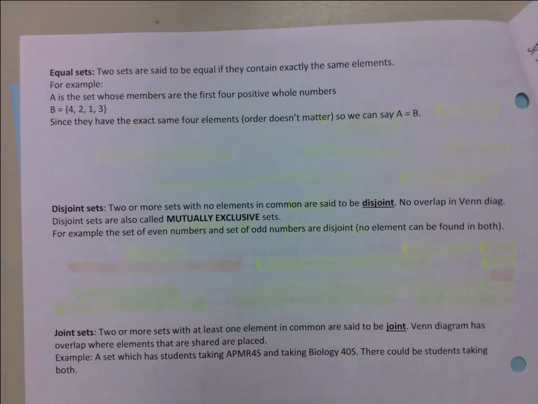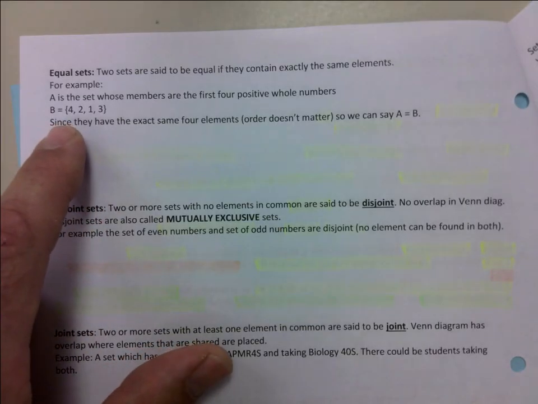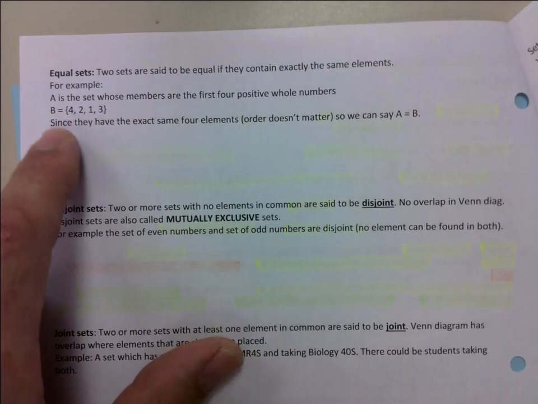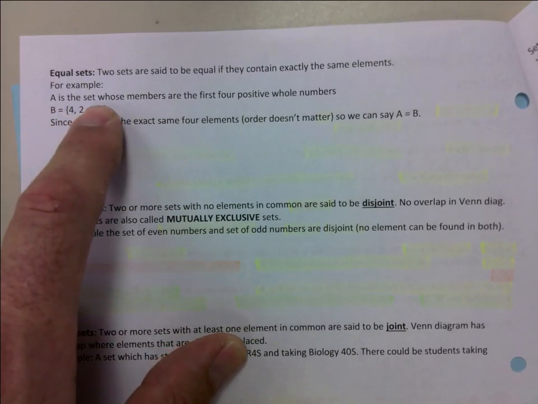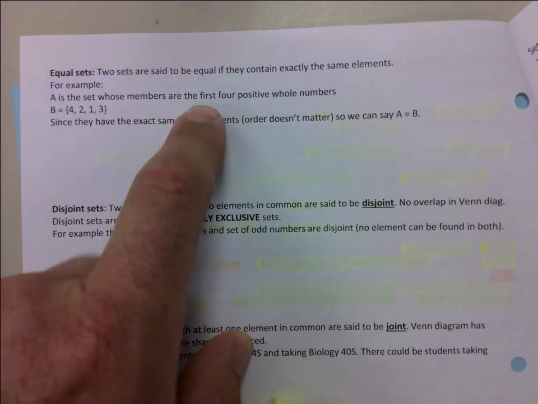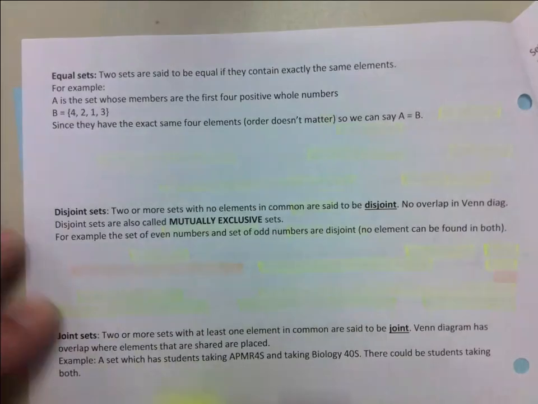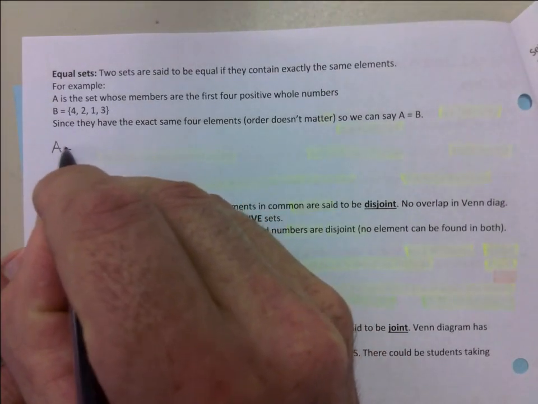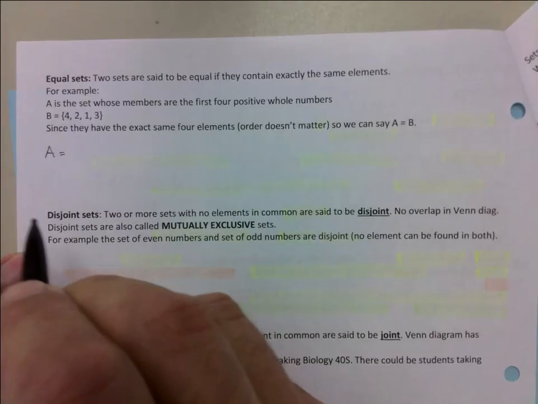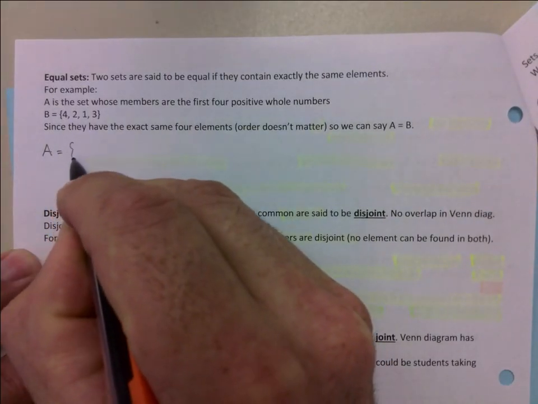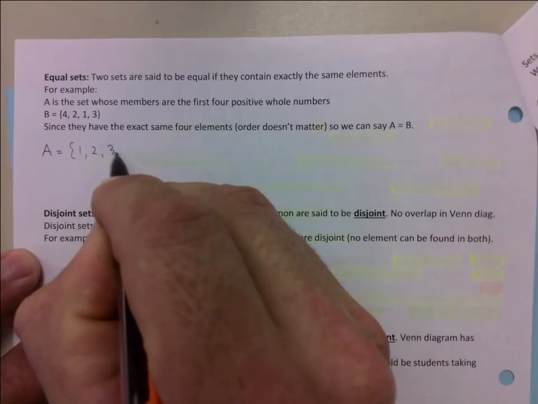Equal sets. Sets are said to be equal if they contain the exact same elements. Okay? So for example, let's make A the set whose members are the first 4 positive whole numbers. Yikes. Okay? So what is A? If I asked you to actually write it out, you would say 1, 2, 3, 4.